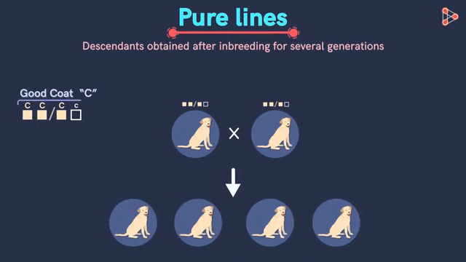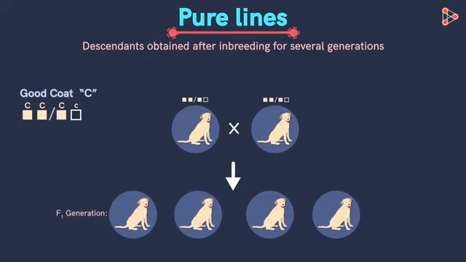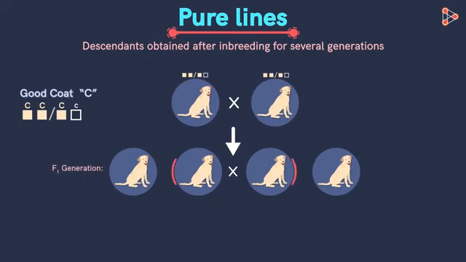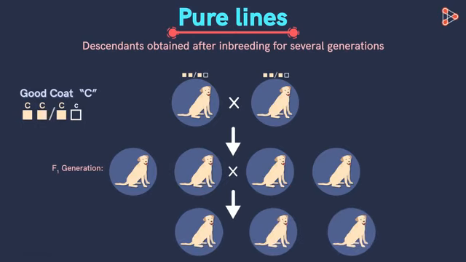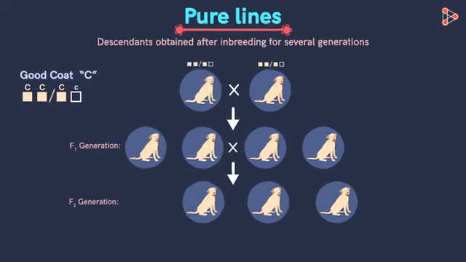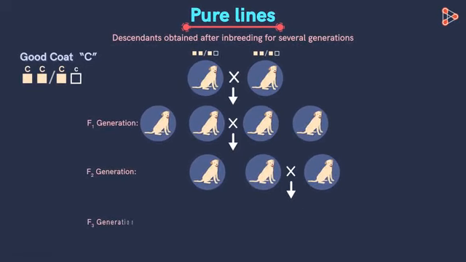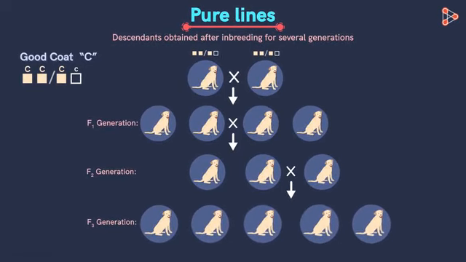Clearly, the genes are passed to this generation. Now, on crossing any of the two dogs from this same progeny, we get these offspring. That means again, the same set of genes is passed to the next generation. Imagine this is done for a few more generations. What will be the result? The progeny at the end will have these genes conserved.